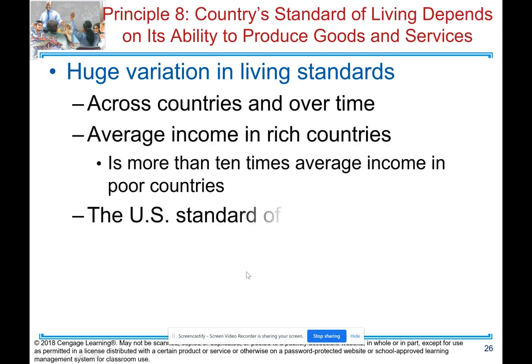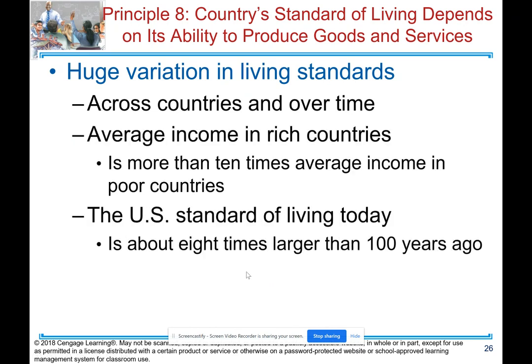Principle number 8, a country's standard of living depends on its ability to produce goods and services. There is a huge variation in living standards. Here in the United States, some people have got a lot. They're millionaires and billionaires, and there are poor people.